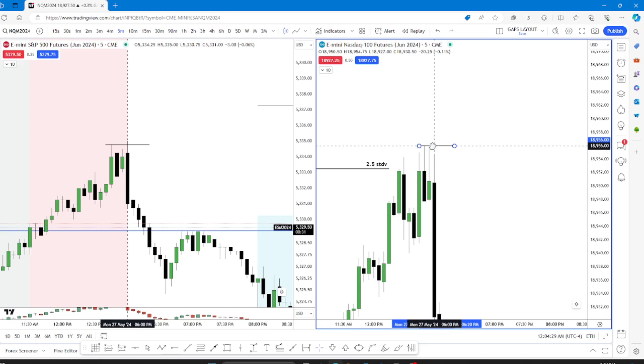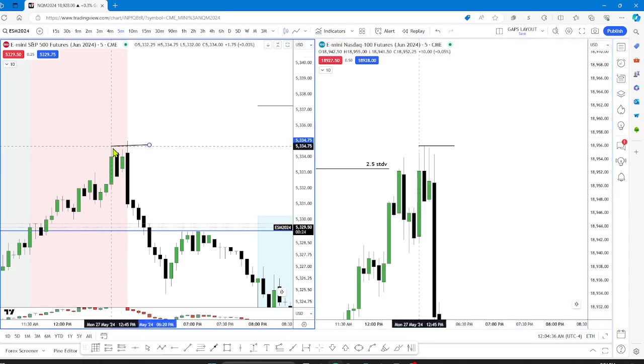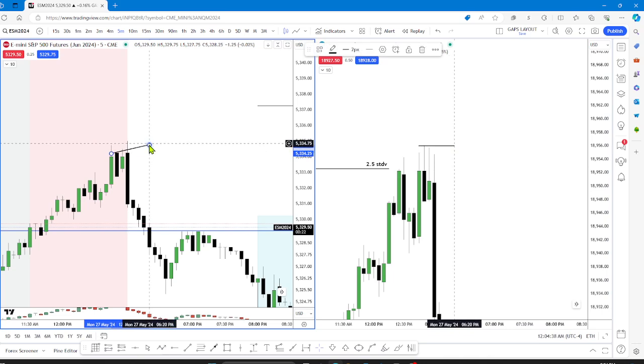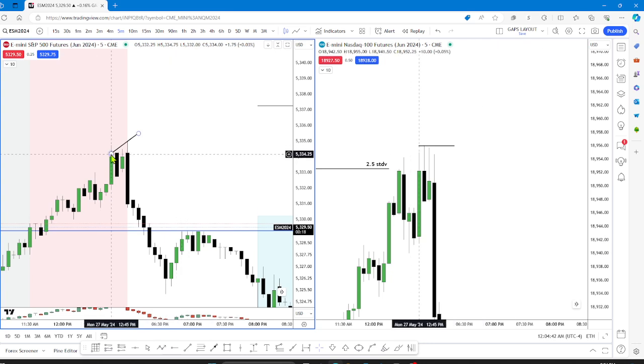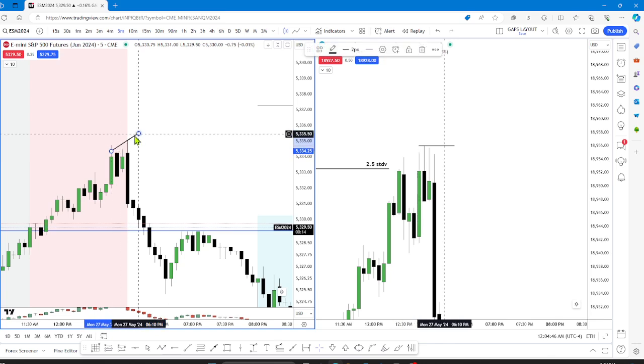The 12:50 candle right in here. So slight SMT there. This 12:50 candle is swept and this 12:50 candle is not.